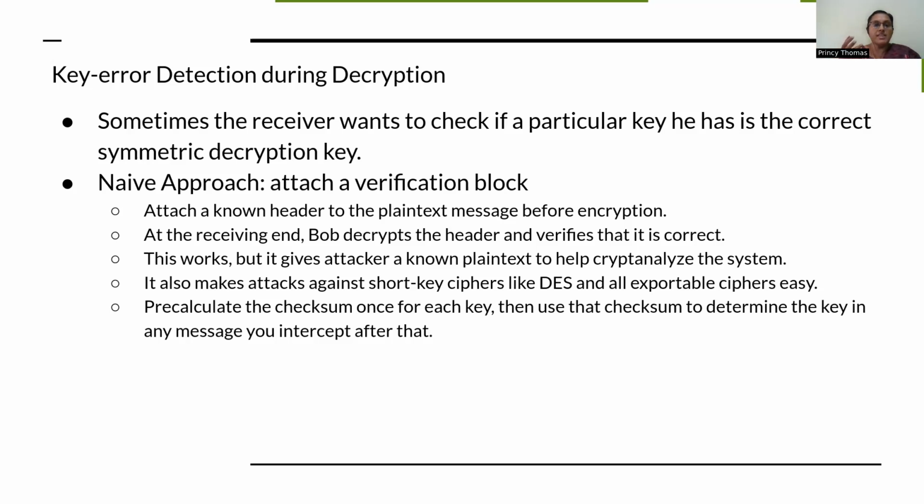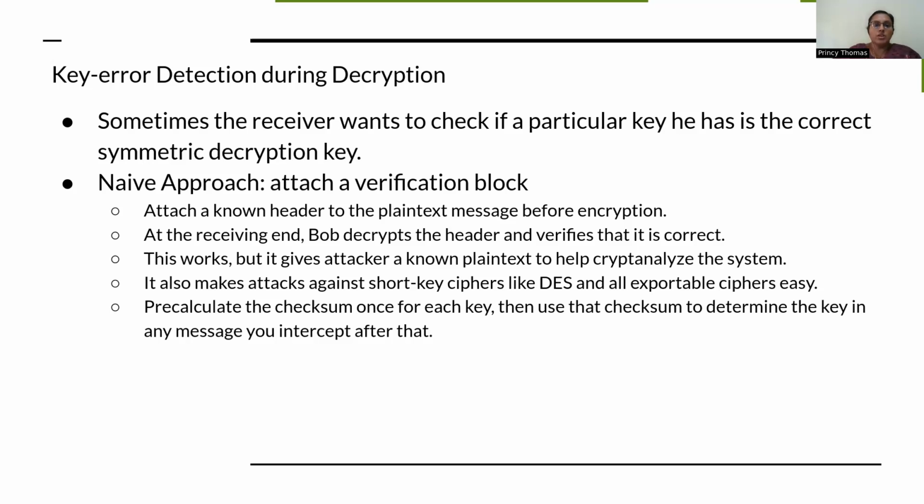It also makes attacks against short key ciphers like DES and all exportable ciphers easy. So if the key is short, or if the cipher can be manipulated, then adding the verification block will cause problems.